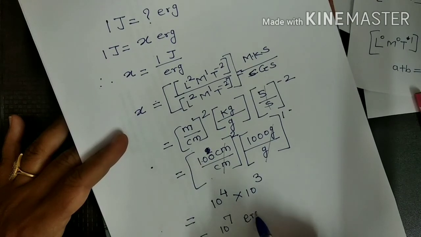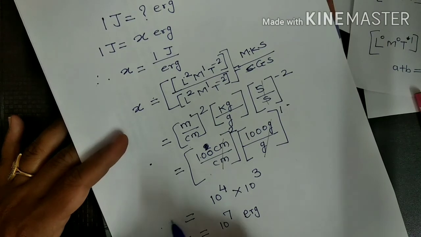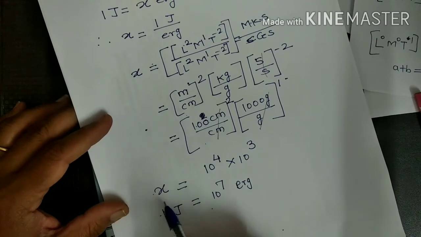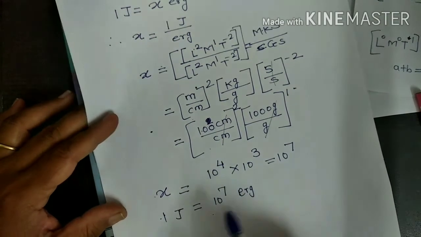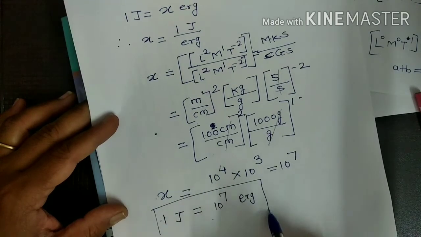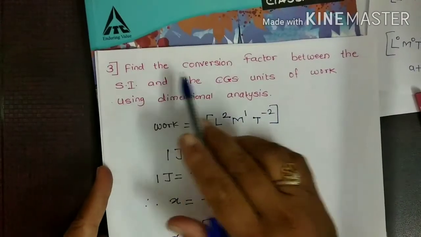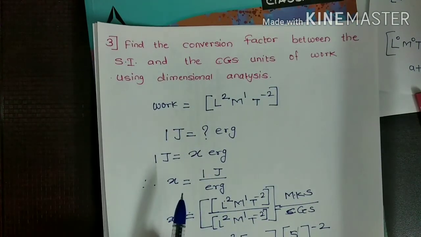So 1 joule is equal to 10 raised to the power 7 ergs, because x is equal to 10 raised to the power 7. This is the expression to find the conversion factor between the SI unit and CGS unit of work.